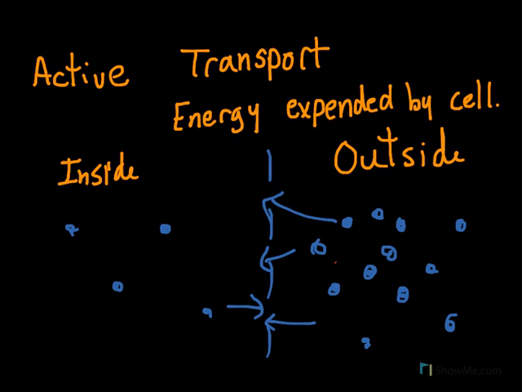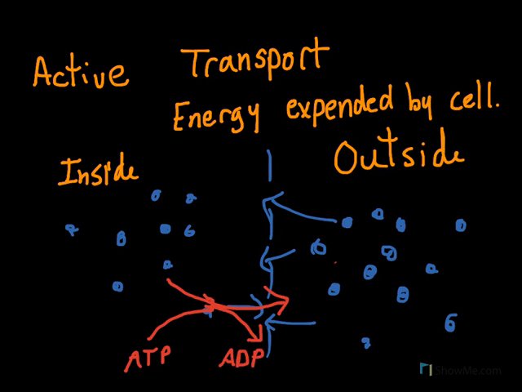When water does start filling up here, it gets too concentrated, and the cell is going to have to expend energy to get that water to go the other direction against the concentration gradient. The energy going in here is ATP. It's energy currency, and you convert that to ADP. So it takes energy to move molecules against the concentration gradient. That's what active transport is all about.